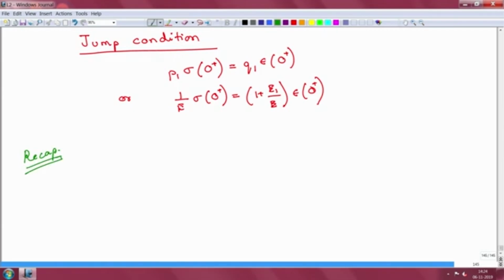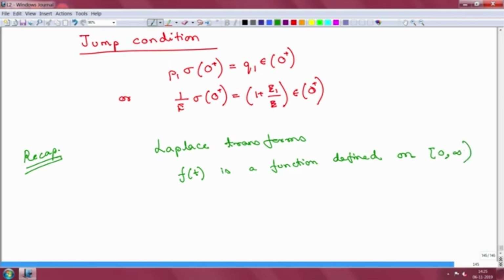Laplace transforms for a function f. So let us say f t is a function defined on 0 to infinity.